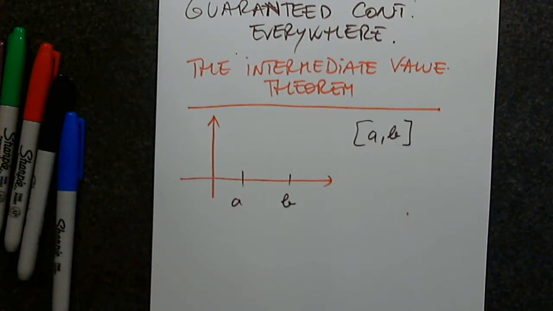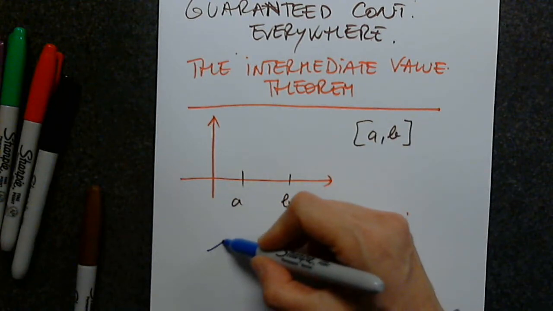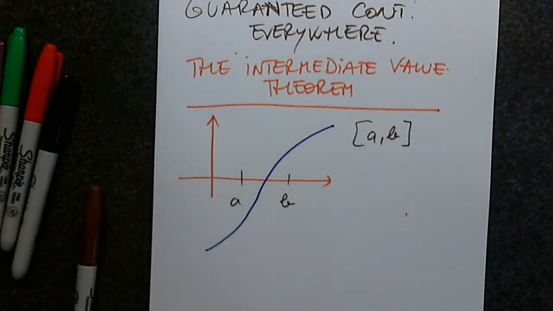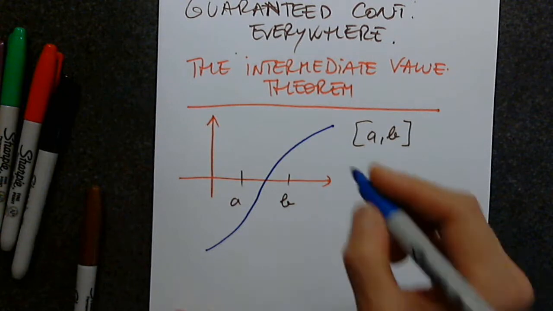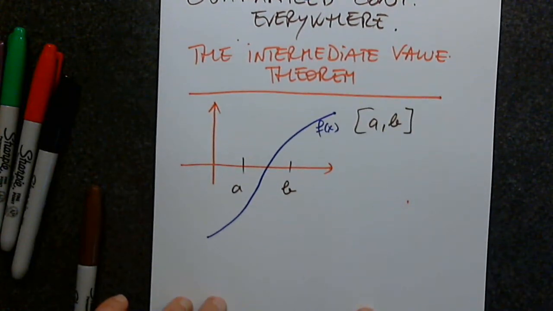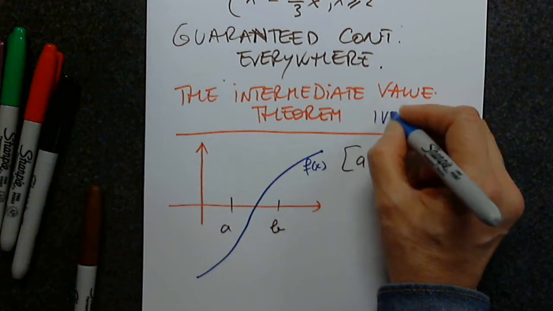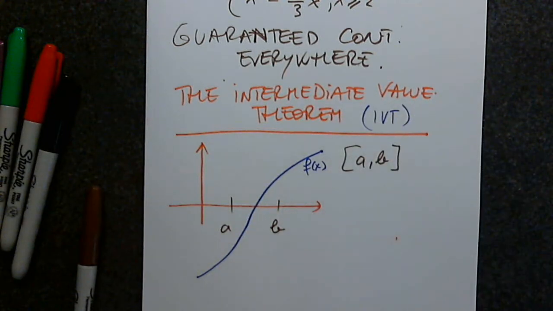And here's our function. Here's how it looks like. This is function f of x. The intermediate value theorem is also short for IVT. When we talk about IVT, we talk about the intermediate value theorem.